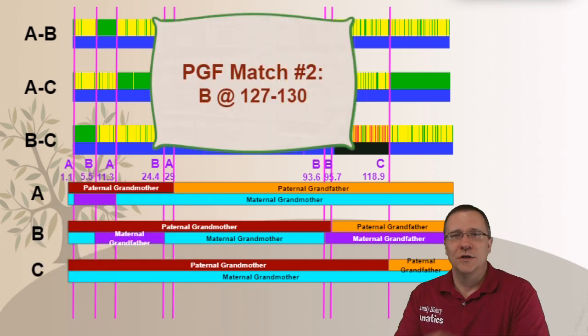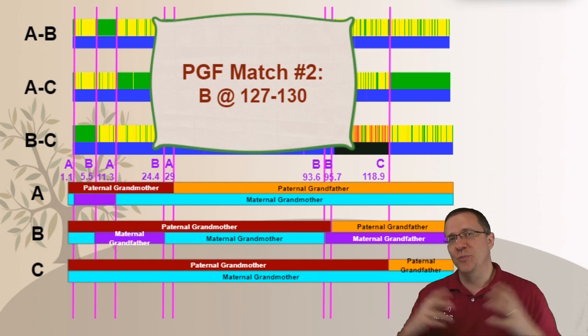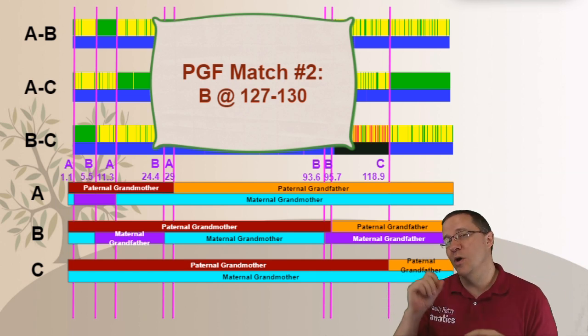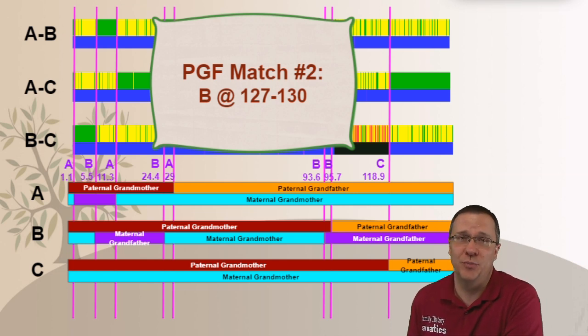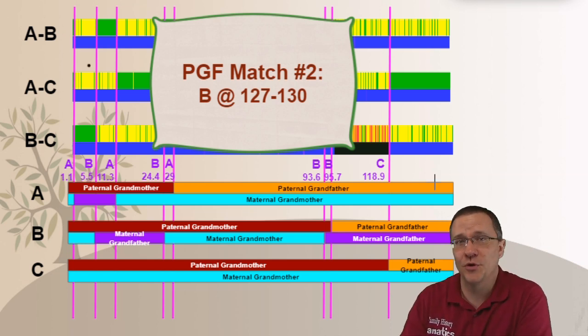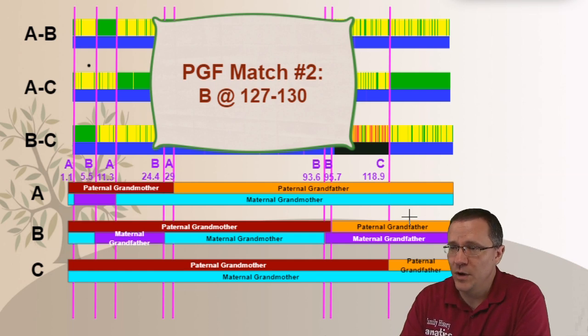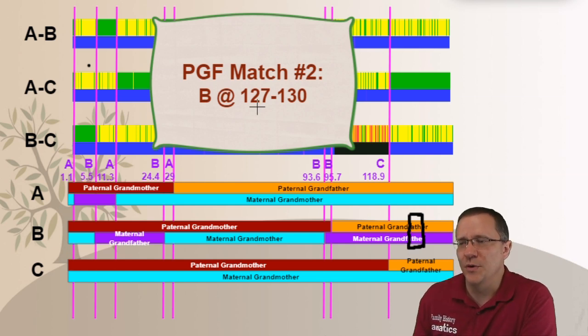So in our example, we've had 2 matches, one on the paternal grandfather side and one on the maternal grandmother side. And we want to take another look at those 2 matches. Starting with the paternal grandfather side, there was a small segment in here that matched person B from 127 to 130.